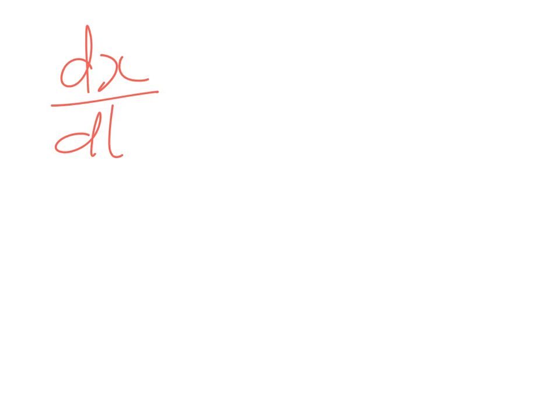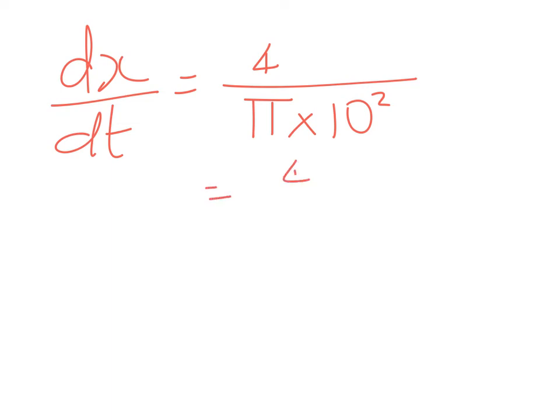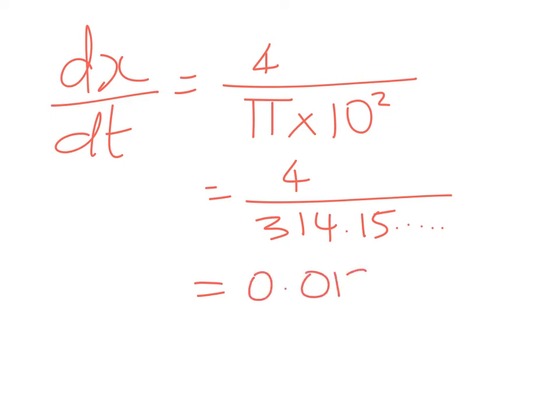Dx by dt is equal to 4 over pi times 10 squared, which is 4 divided by 314.15, as many digits of pi as you remember, and that gives us our answer, which is 0.01273, and it needs to be in metres per minute.